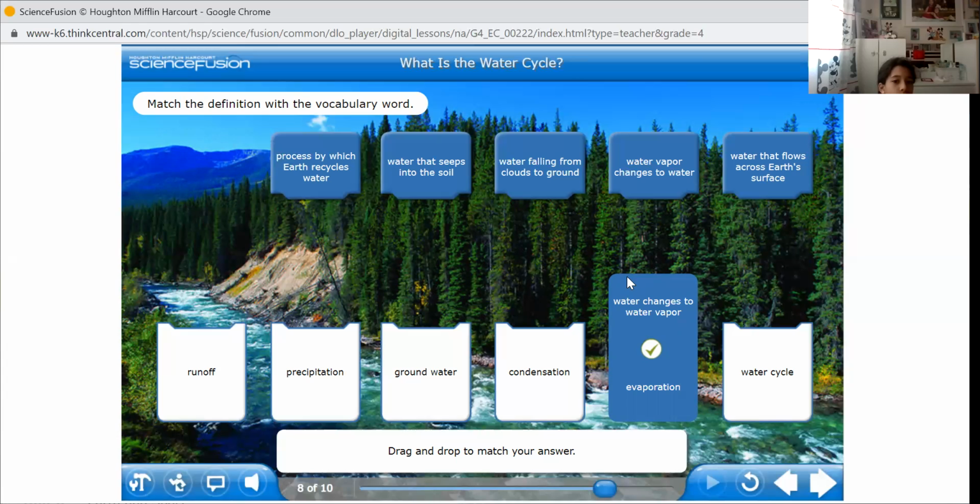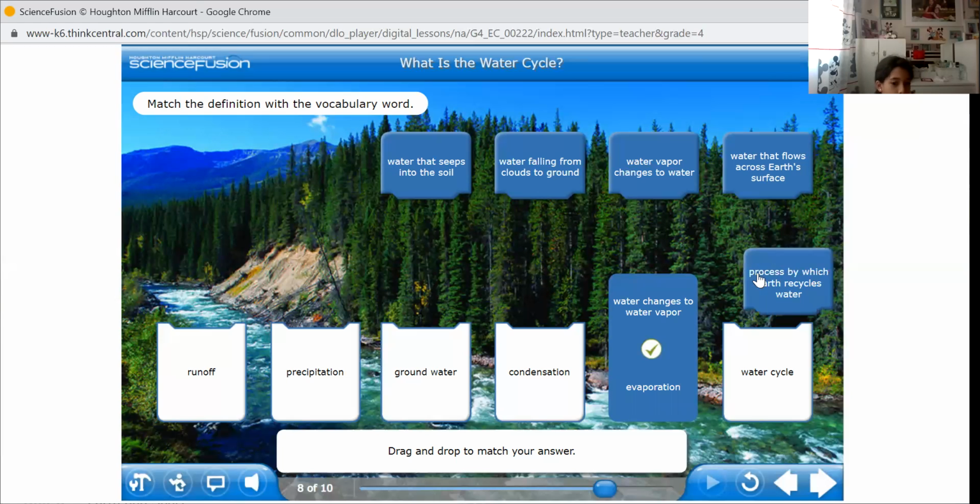Liana, are you here? The process by which Earth recycles water. What is the process that Earth recycles water? It's very easy. Okay, what about you, Liana? The process, it's water cycle.